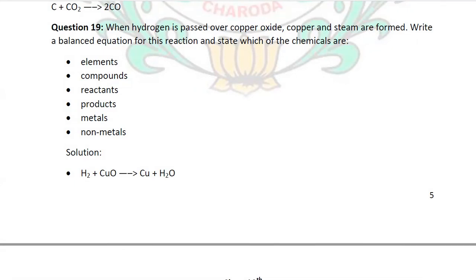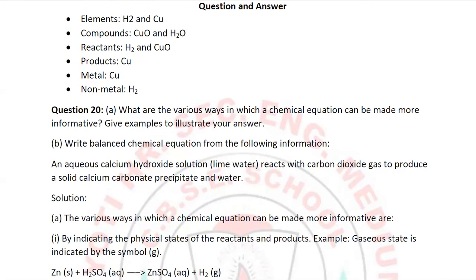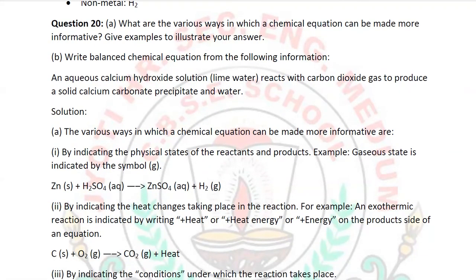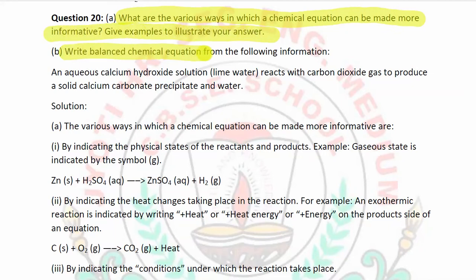Next, what are the various ways in which a chemical equation can be made more informative? Give example to illustrate your answer. Write a balanced chemical equation for the following information.